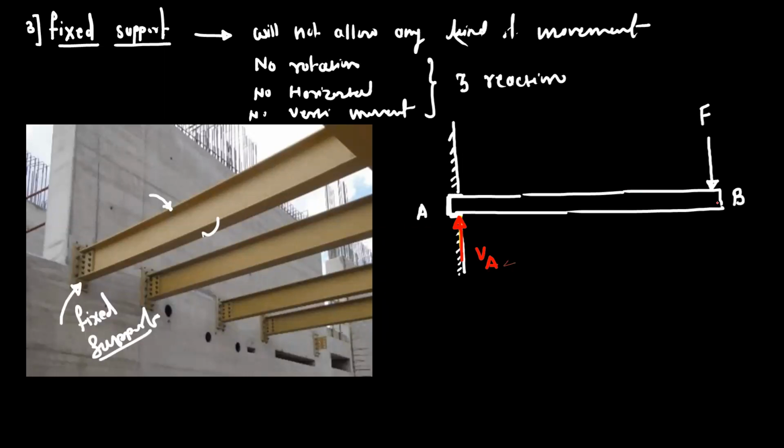Just imagine if I add one more force in this direction. This is the horizontal force. Because of this force, it will try to pull the beam AB in the rightward direction. But as this is fixed, the wall will offer a reaction.